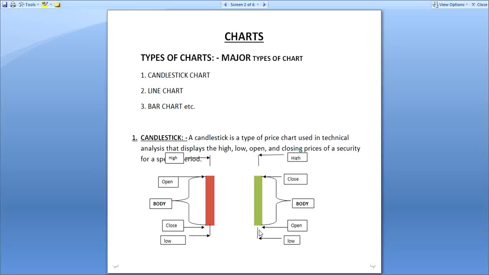Then it starts going up and up and up and makes a high of 150 rupees, but it closes at 130 at 3:30. So yeah, that is called the candle.